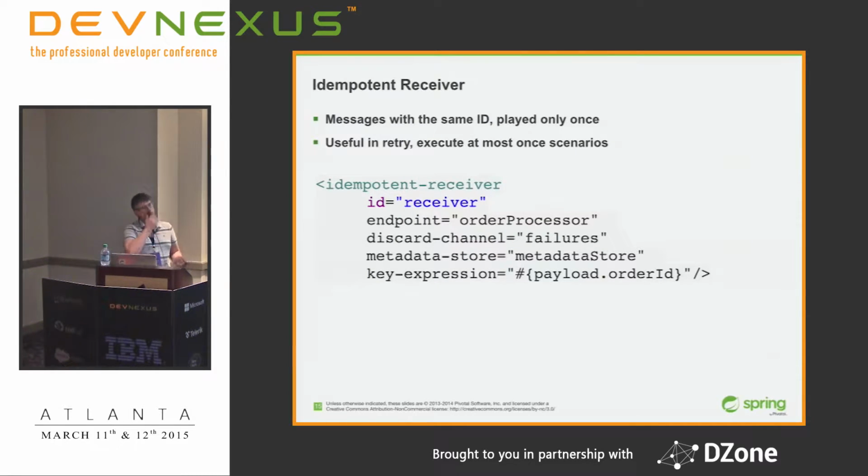So we have an idempotent receiver that acts as an interceptor for an endpoint. It keeps track of what messages have been processed in a metadata store. This is an interesting example that I will come back to a little bit later. What I can configure there is things like, what's the key for that message?